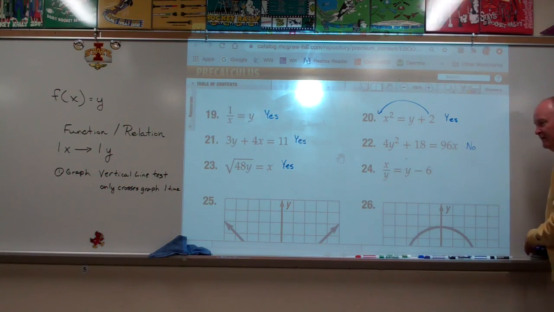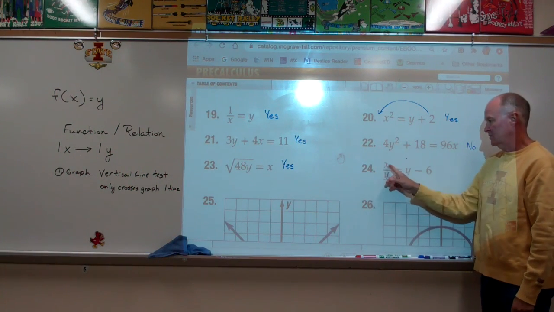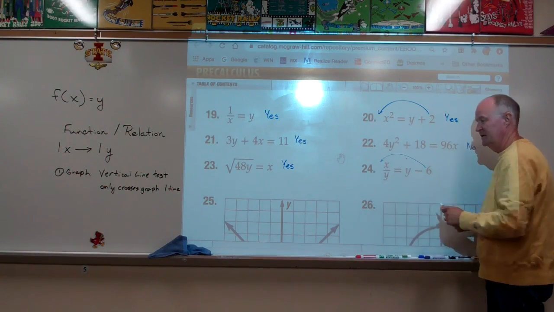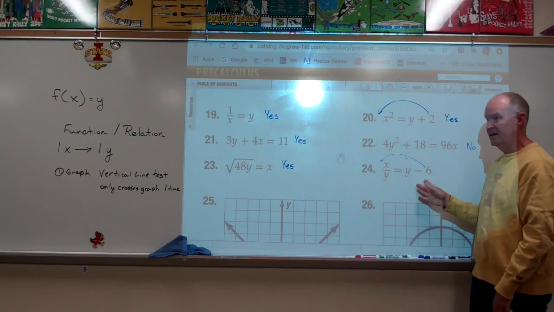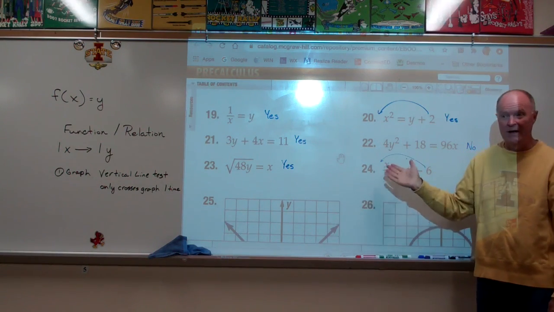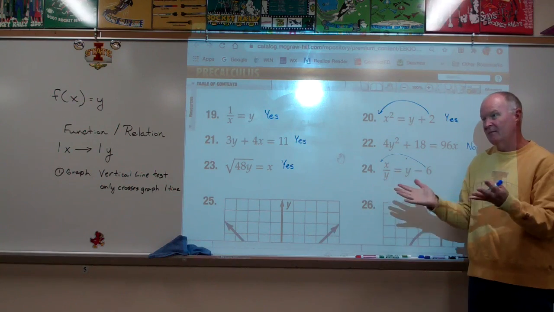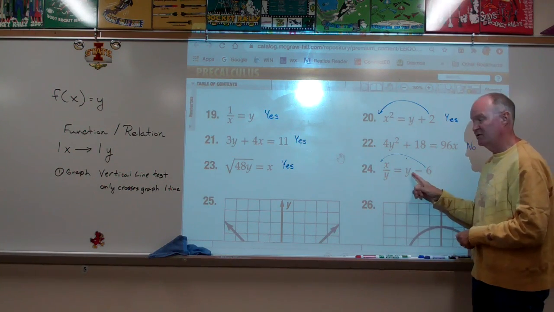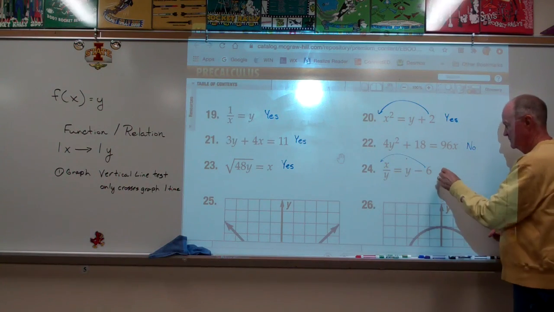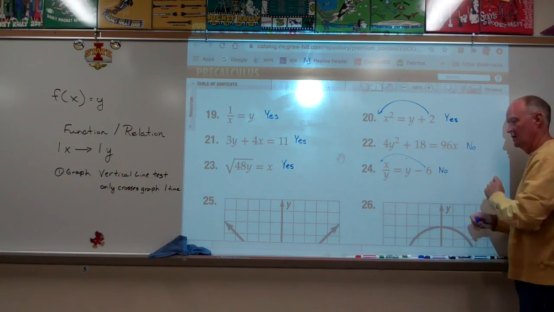Now this one over here, I can get it into y equals by moving the 6 over. But it's y equals something with not just x in it. There's another y in it, right? So honestly, there's a lot more things to do, but the easy answer to this is if you get it into y equals and it's not y equals all x's, this is a no.